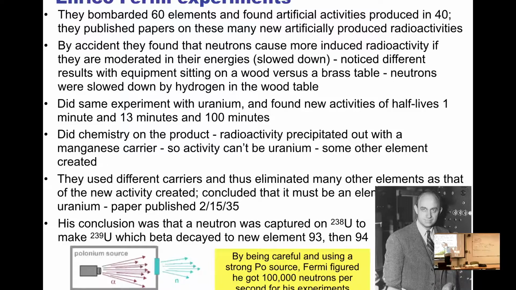People joke that if he'd been doing this experiment elsewhere, everybody would have been doing it on a wood table. It would have been much longer to figure this out. And that's the very core, the key for building a reactor, is what moderator to use to slow down the neutron. So that was an accidental discovery.